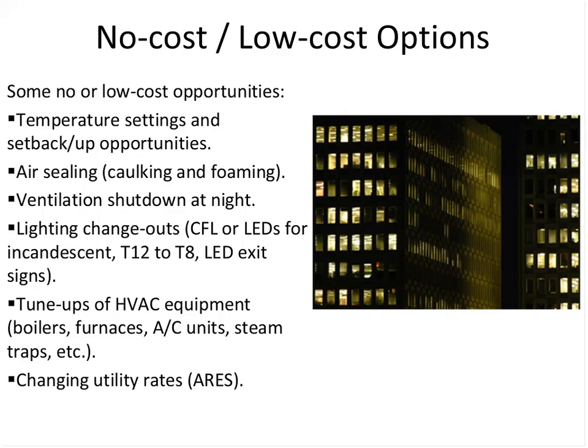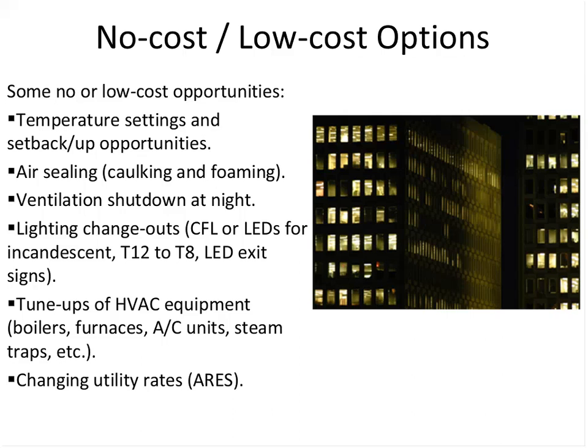Lighting changeouts are a great opportunity. Think about compact fluorescents or LEDs, light emitting diodes, to replace incandescent in the building. And nowadays there's enough types and sizes and colors selection that you can pretty much get rid of all the incandescent in the building.